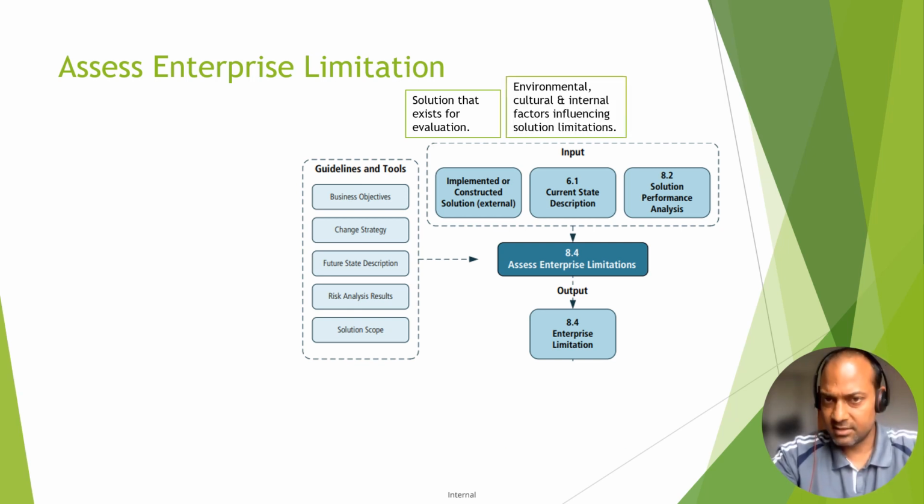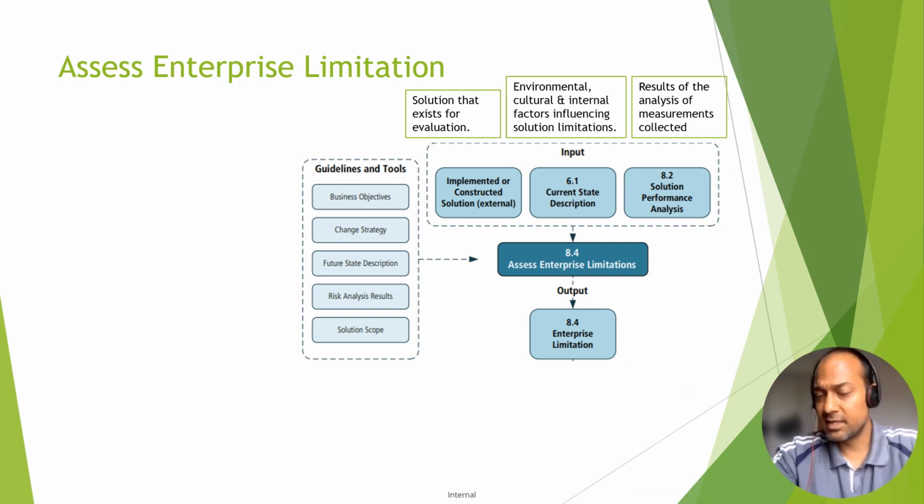Then the current state description. Current state description talks about the current situation, right? What are the environmental, cultural and internal factors that are influencing the solution limitation, that you can manipulate, change, impact or influence, so that you can realize the full value.